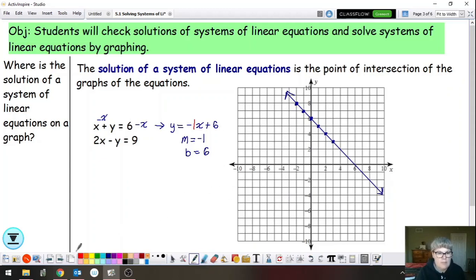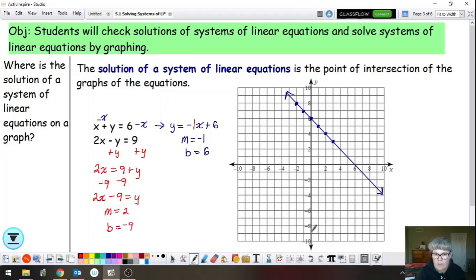For the second equation, instead of subtracting the 2x, I'm going to go ahead and add the y to make the y positive. So I'll have 2x equals 9 plus y, and then subtract the 9. So we have 2x subtract 9 equals y. That gives us a slope of 2 and a y-intercept of negative 9.